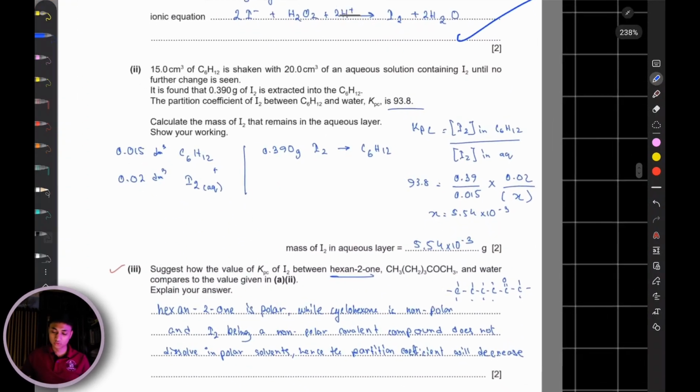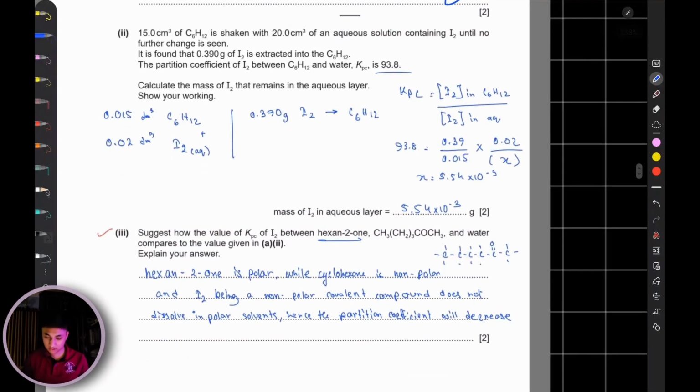Now, part 2. It says 15 cm cube of C6H12, cyclohexane, is shaken with 20 cm cube of an aqueous solution containing I2. Aqueous means water solution, that is, iodine dissolved in water. And you have iodine dissolved in C6H12.